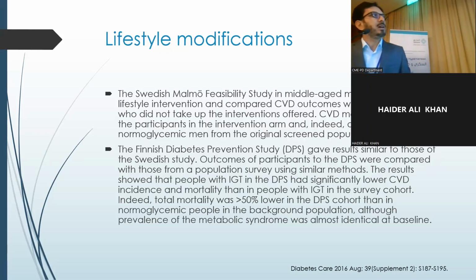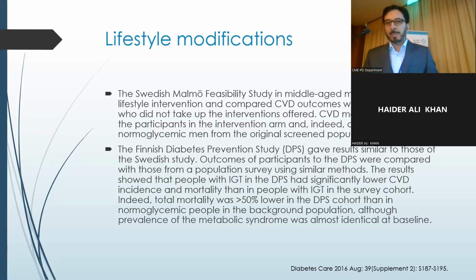Similar results from a Finnish study also showed more than 50% reduction in mortality in patients with impaired glucose tolerance taking the lifestyle intervention. So these studies basically tell us that if you intervene early, we can reduce cardiovascular disease in these patients by lifestyle modification as well.